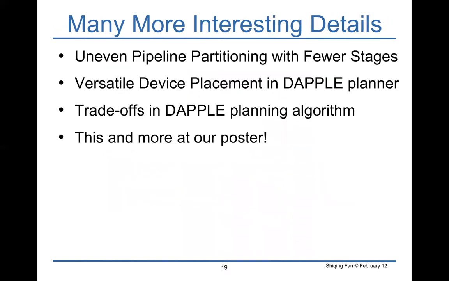There are also many more interesting details in our work, for example, uneven pipeline partitioning with fewer stages and versatile device placement strategies in the DAPPLE planner. There are also some trade-offs in designing DAPPLE planning algorithms. These and more can be found at our poster.